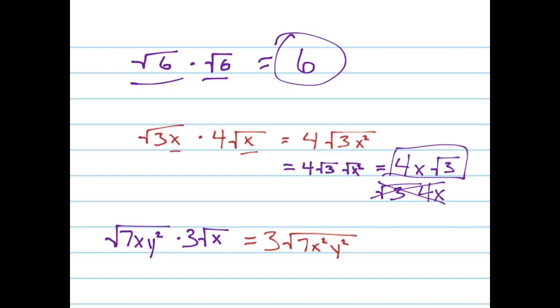Now if we split that up, it should be pretty obvious what's going to come out. What's our final solution? 3xy radical 7.